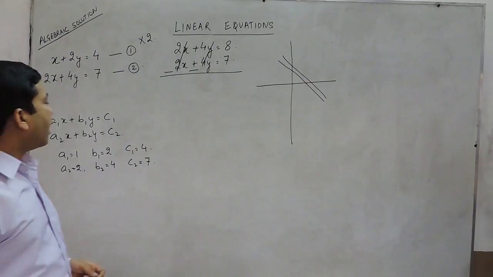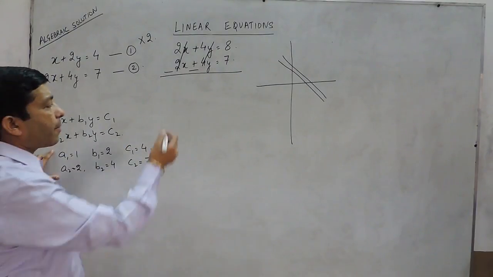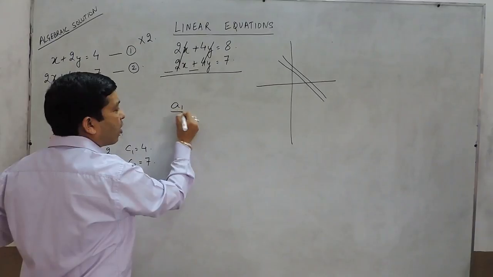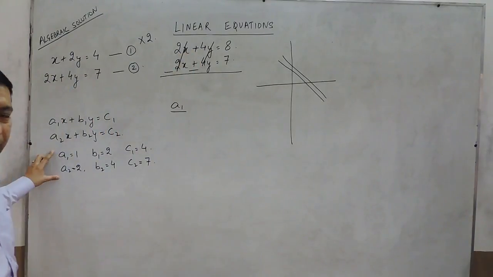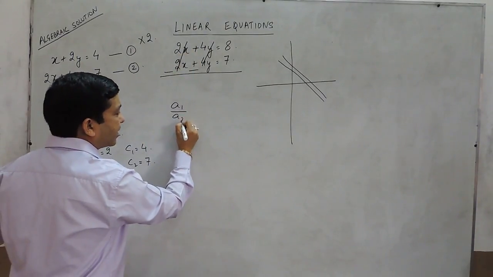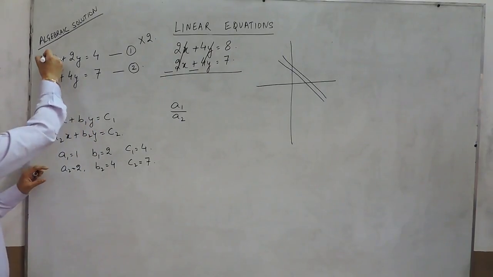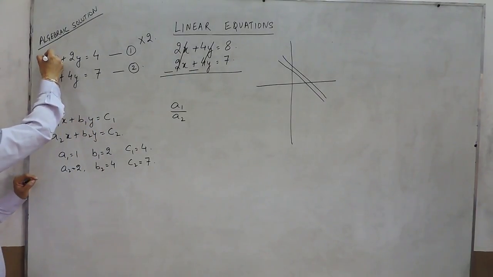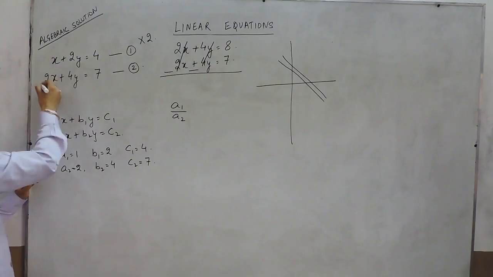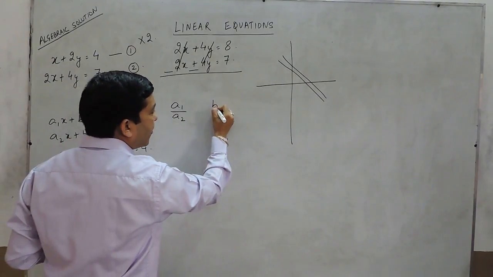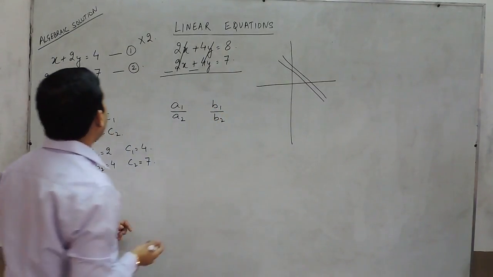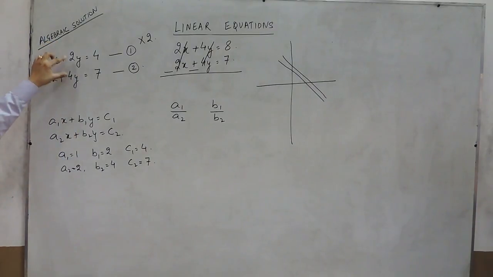So what we are analyzing from this is that whenever the coefficient of x in the first equation and the coefficient of x in the second equation have a specific ratio, like in this case it is 1 and 2, so the ratio becomes 1:2, and the coefficient of y in both the equations also has a specific ratio.